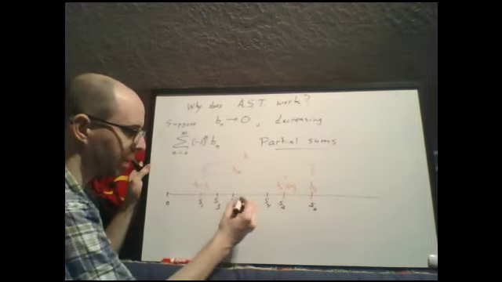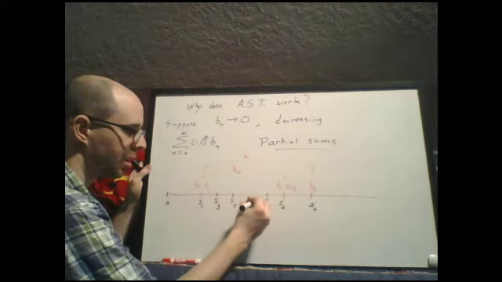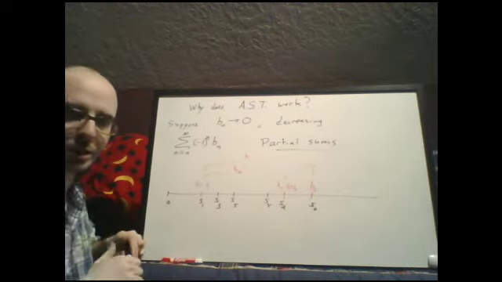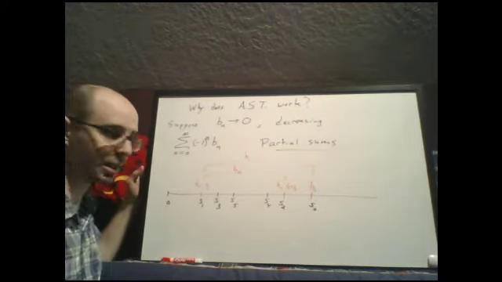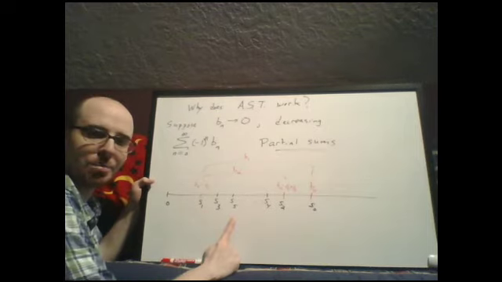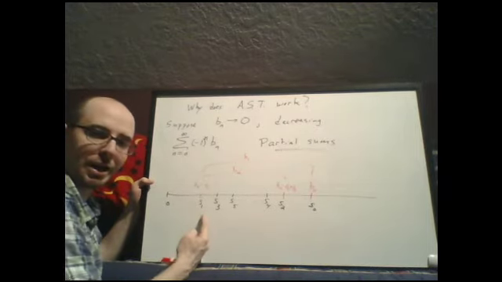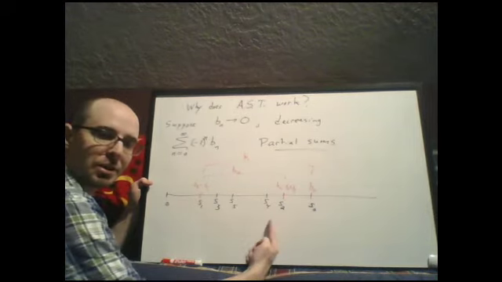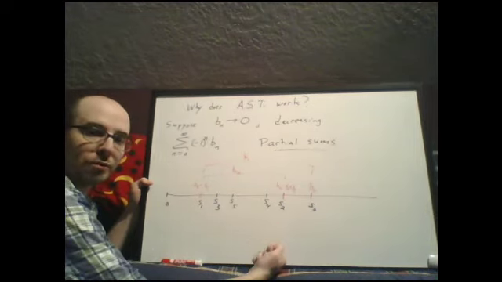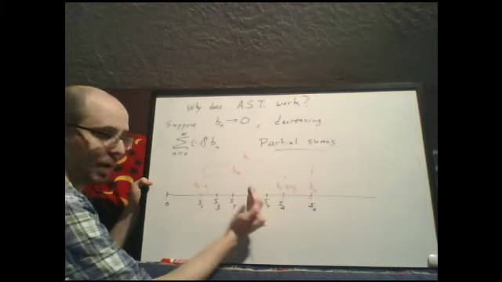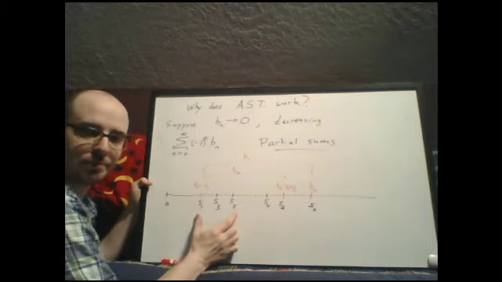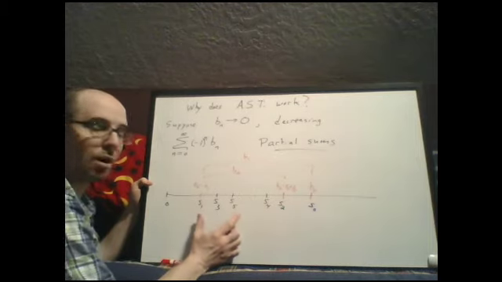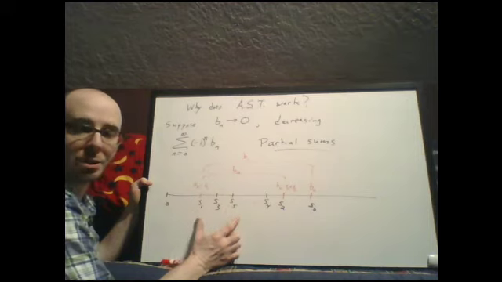So what's happening is I get two sequences out of this. I get a sequence of odd partial sums that are increasing, and a sequence of even partial sums that are decreasing. Both of those sets of partial sums are monotone sequences, and they're bounded.